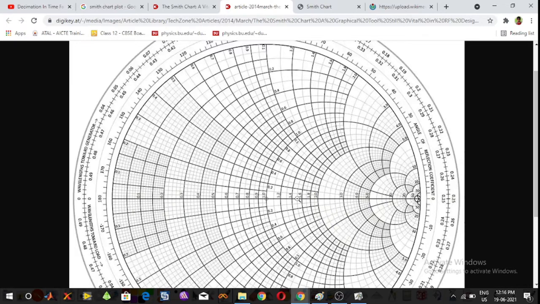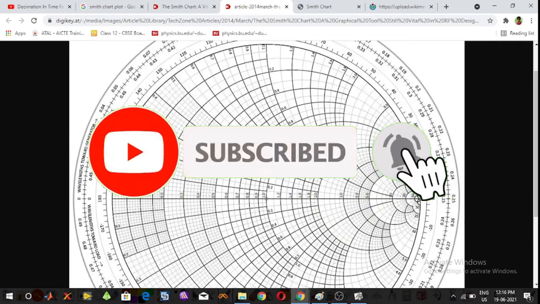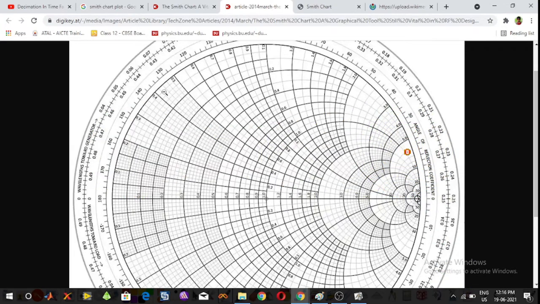This is the horizontal axis or the real axis. Above the horizontal axis it has the positive reactance values, and below the horizontal axis it has the negative reactance values. So here we can observe that the reactance value x is equal to 0.1, 0.2, 0.3, 0.4, 0.5, 0.6, 0.7, 0.8, 0.9, 1.0, 1.2 like that.